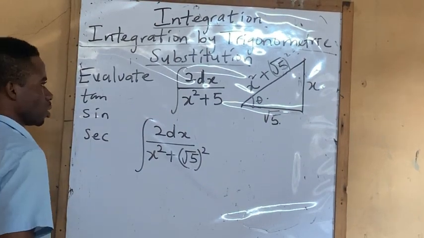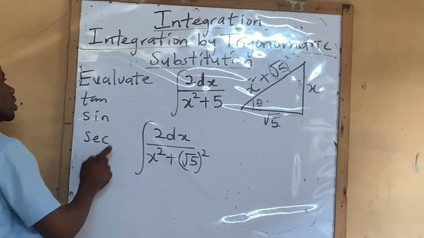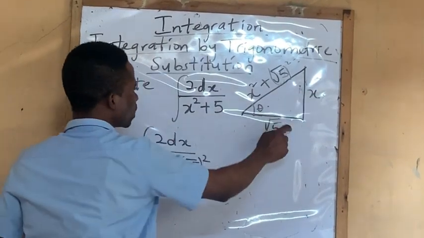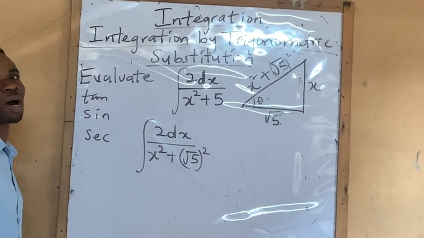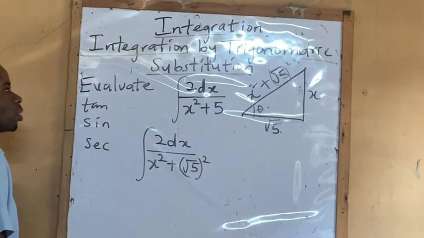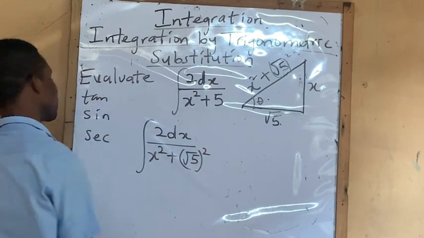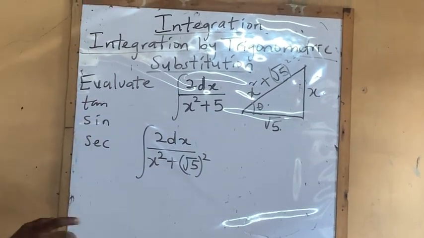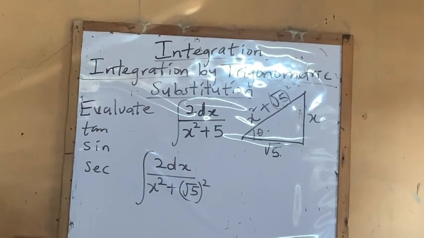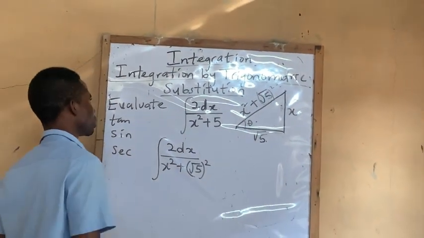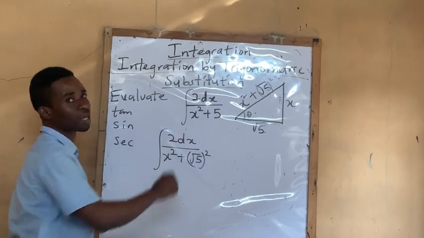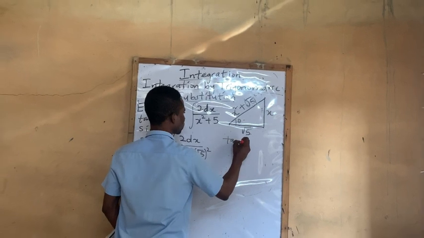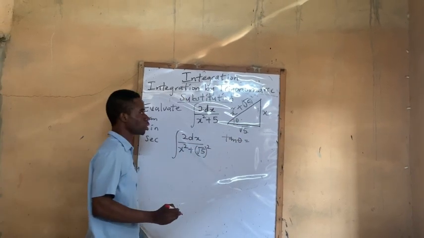Now, what am I going to use out of these 3? I'm going to use tan, because tan is the one that links this one and this one together: opposite all over adjacent. Not sine, because sine links opposite over hypotenuse, and sec is the inverse of cos. Cos is adjacent all over hypotenuse, so sec is hypotenuse all over adjacent. So it's only tan that can work there. So I will write tan theta equals x over root 5.